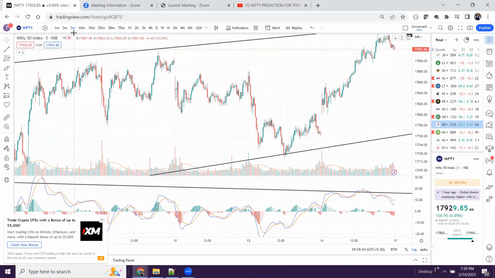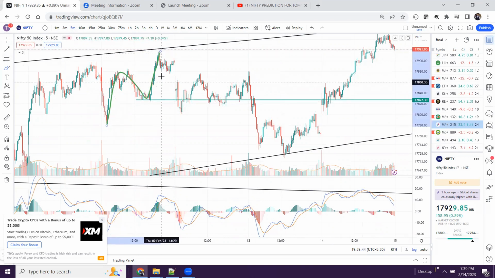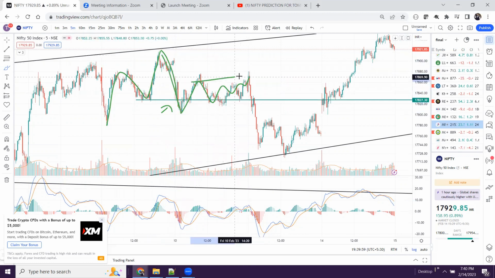On a 5-minute chart, you can see this was the last lower low, and this was the last lower high. If you see the price action at this moment, as soon as price broke this low, it means now this is the first low, and it means the trend has changed. After this, you can see there was a corrective structure, this was an impulsive structure, and then a corrective structure.